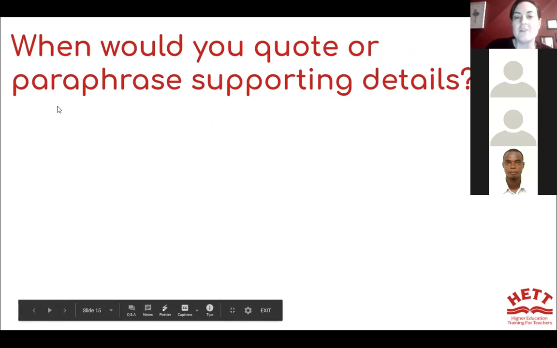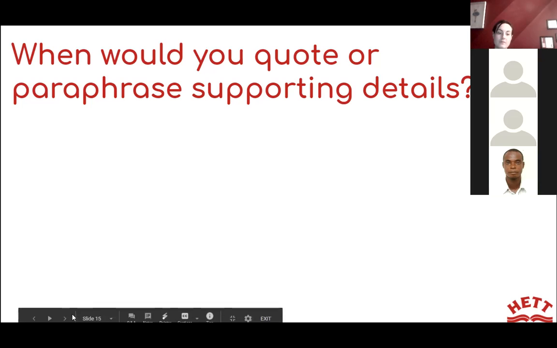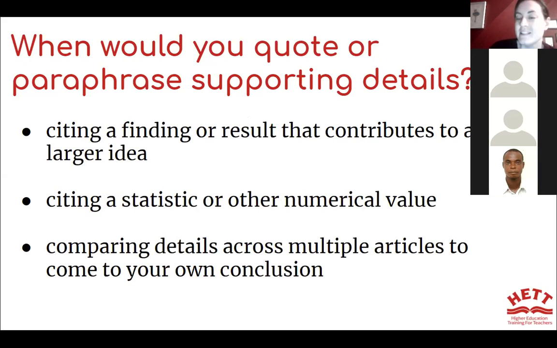When would you quote or paraphrase supporting details? A lot of times you might quote or paraphrase supporting details if there are numbers or statistics in them that are important that you want to use, or if you're comparing a specific detail across different articles, or if it's a specific result.